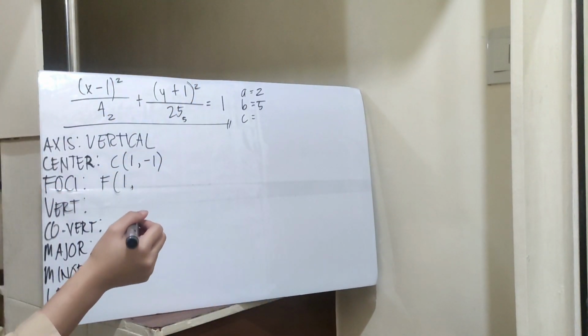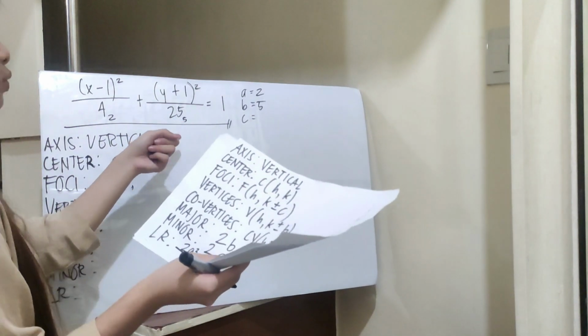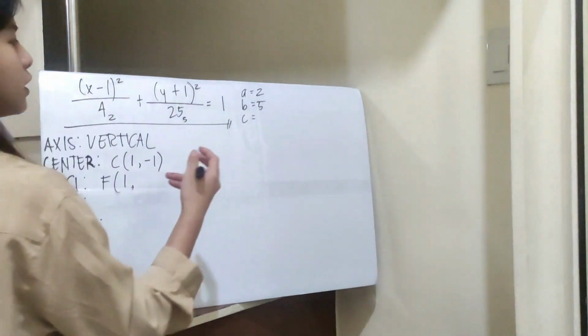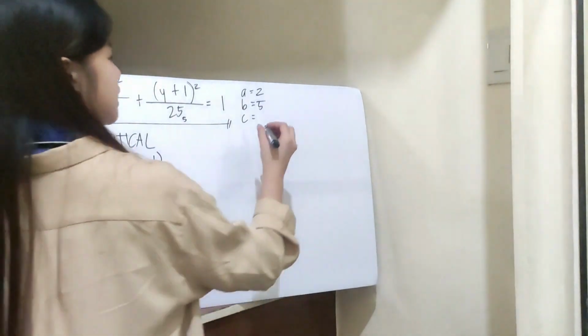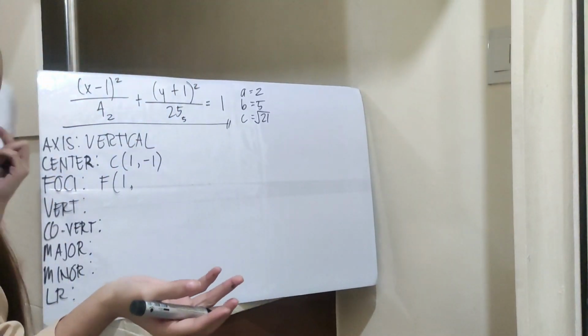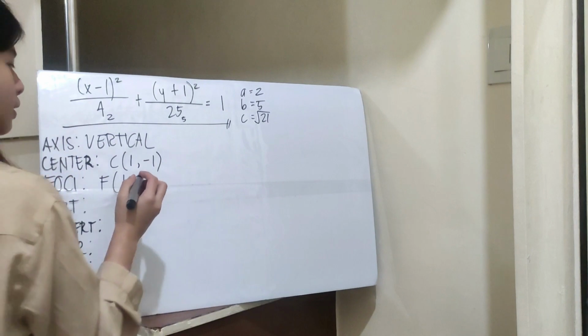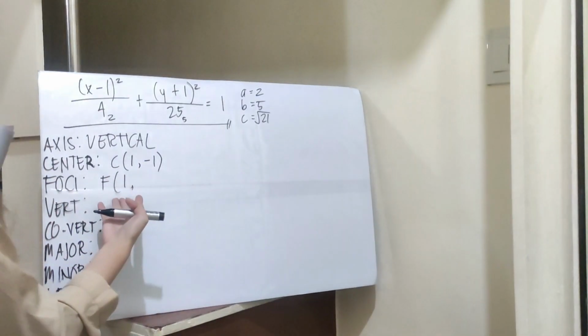As for our c, we can find it by simply subtracting 25 by 4, which is 21, and we will square root it, which is square root of 21, since it's not a perfect square. And then from here on, we can finally solve for its foci.